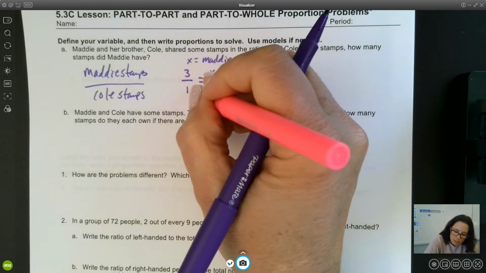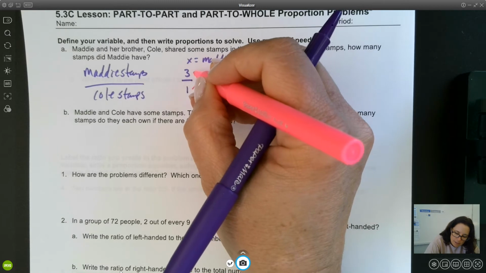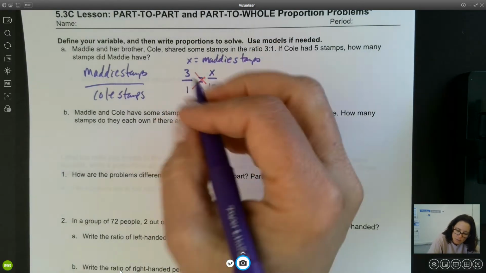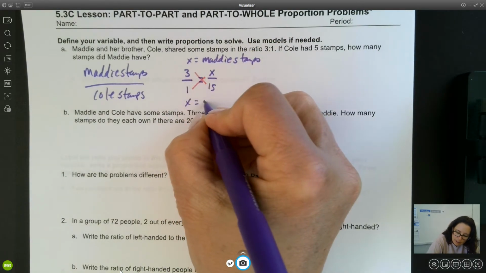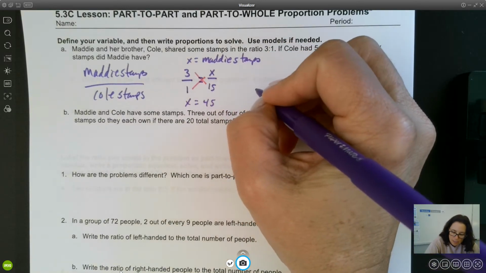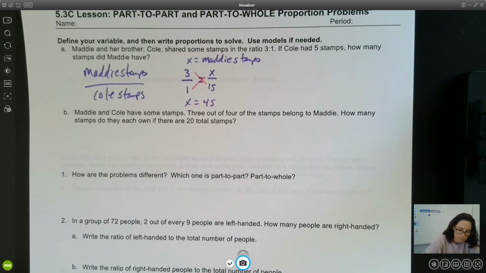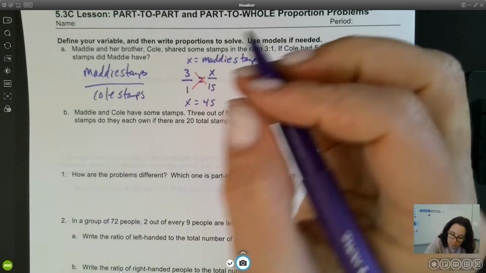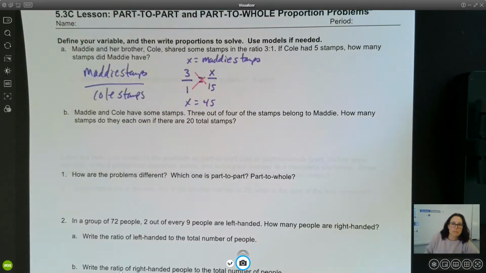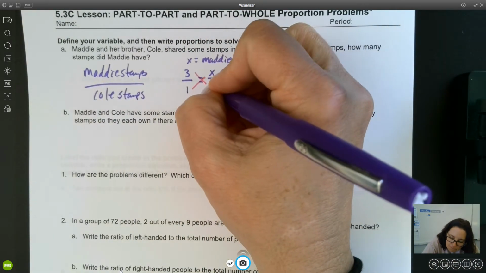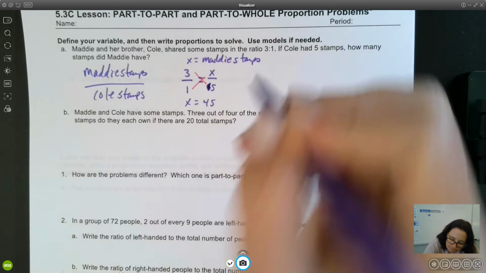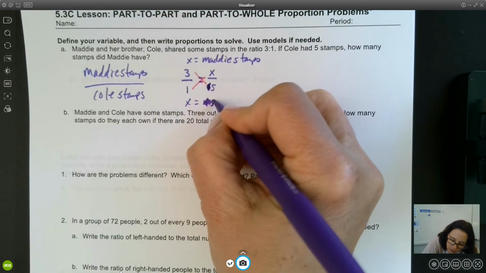Solving this algebraically, 1 times X is X, 15 times 3 is 45. So Maddie has, hold on, my bad. Let me back up here. This should have been a 5. I don't know how I got a 15 in there.